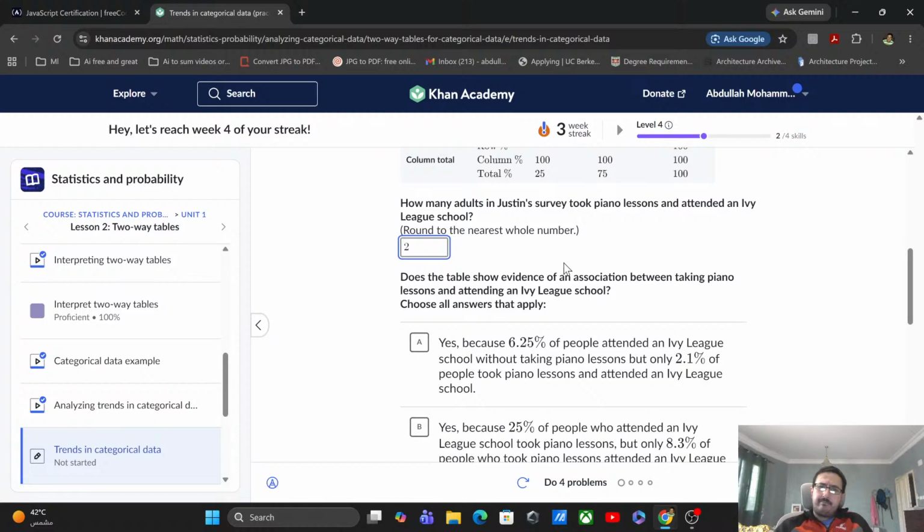Say 2. Does the table show evidence of an association between taking piano lessons and attending an Ivy League school?